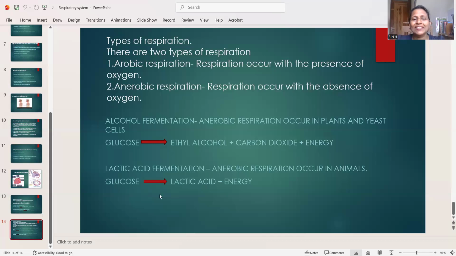Out of these two types, anaerobic and aerobic respiration, more energy is produced by aerobic respiration because in that the glucose molecule is completely broken down.